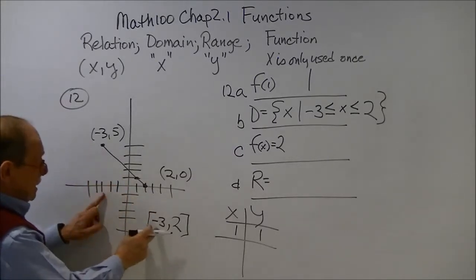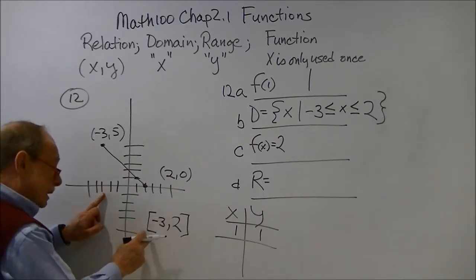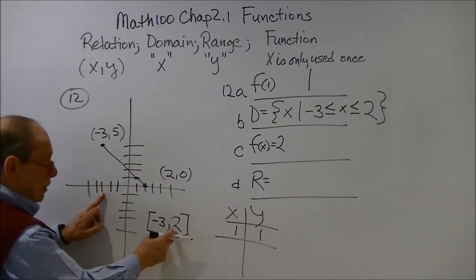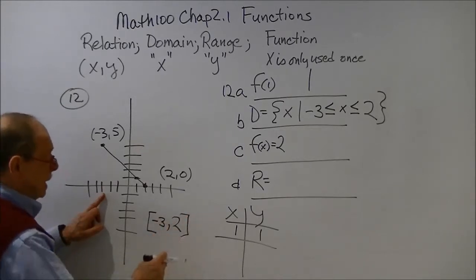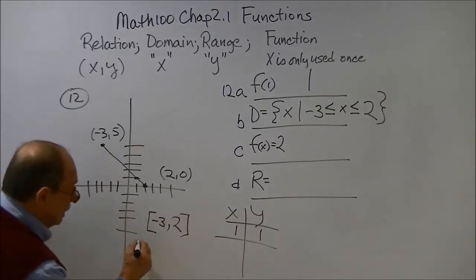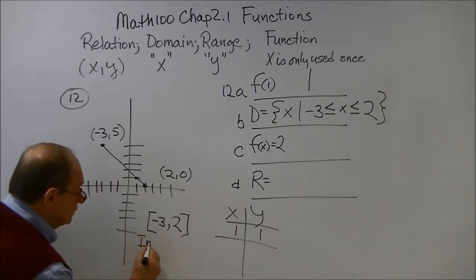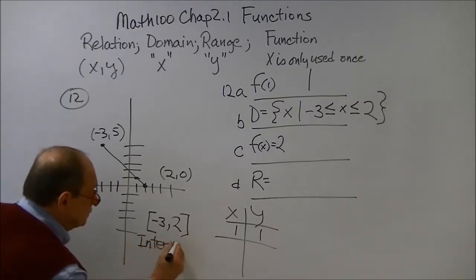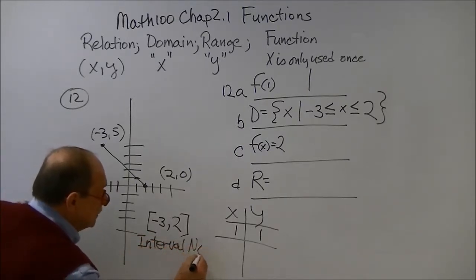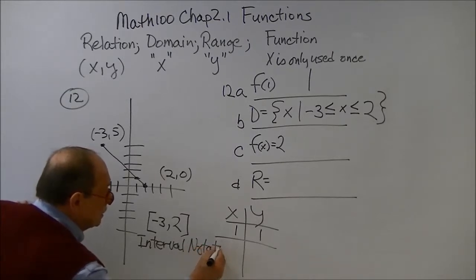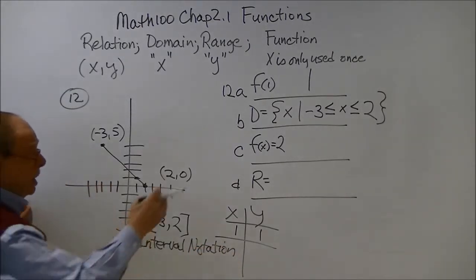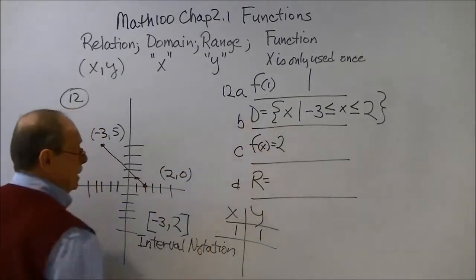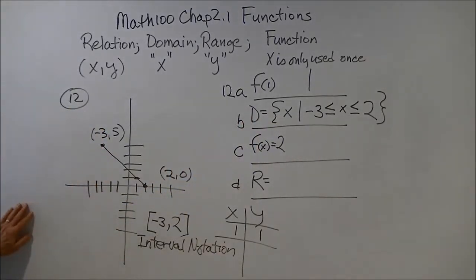It starts at negative 3, and that's included in the set, and it goes to 2, and 2 is included in the set. And by the way, this is called interval notation. But in our book, they want set builder notation. We did some of that in chapter 1.